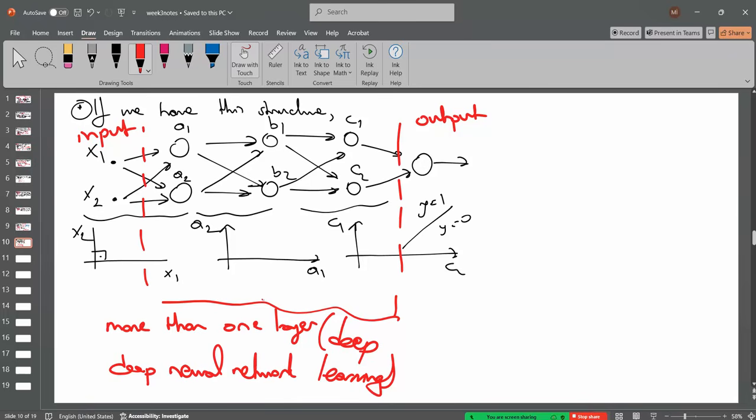Because we have too many hidden variables in here, a1, b1, c1, we cannot show these values in graphical representations. This is the basic definition of the deep neural network. In order to train this network structure, we need to use deep learning. Okay? Nothing more. That's it.